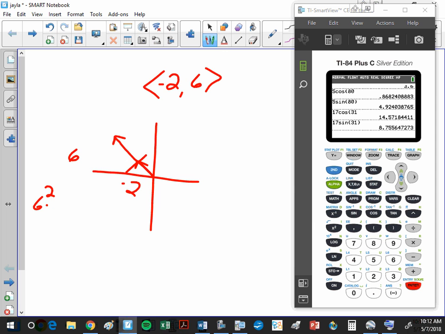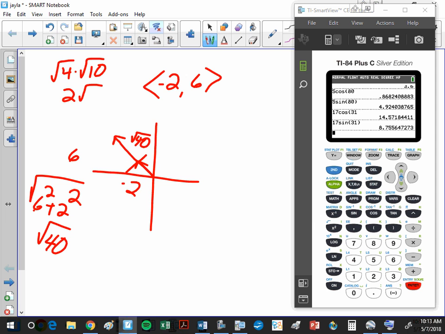Well, 6 squared plus 2 squared, that's 36 plus 4 is 40, the square root of 40. Does 40 have any perfect squares? 4 and 10. So the square root of 4 times the square root of 10 is 2 root 10.